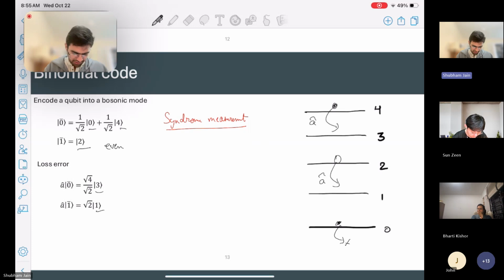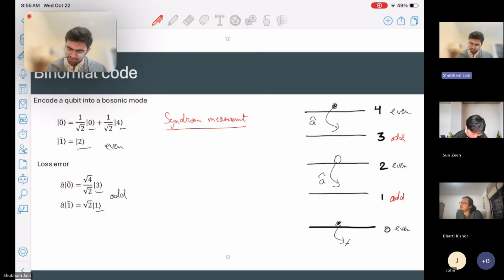And these 3, 1, these are all odd photon number states. So the logical states are completely supported only with the even photon numbers, and the erroneous states are only in the odd photon numbers. So as a syndrome, we can just measure whether a state has an even parity or an odd parity, and that will be our syndrome measurement.